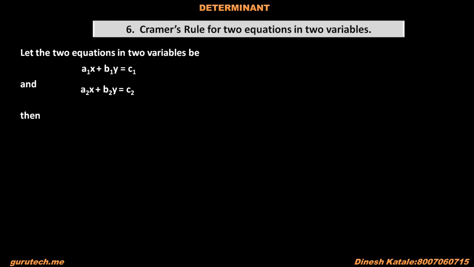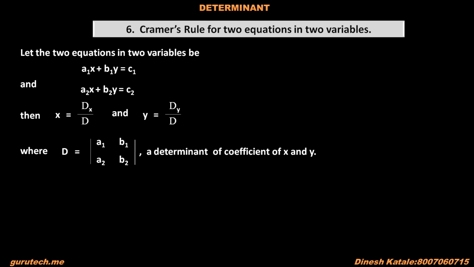Then we can find the value of two variables x and y as x is equal to dx upon d, and y is equal to dy upon d, where d is equal to the determinant a1 b1 a2 b2, a determinant of coefficients of x and y.